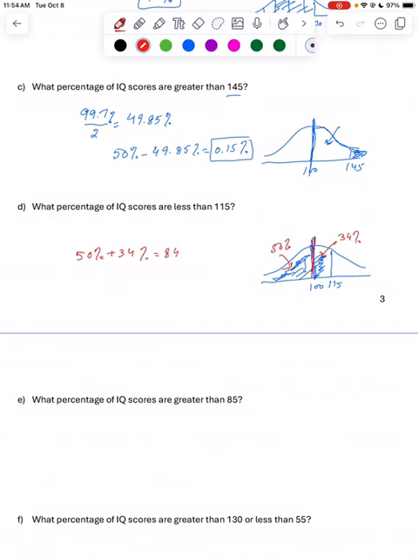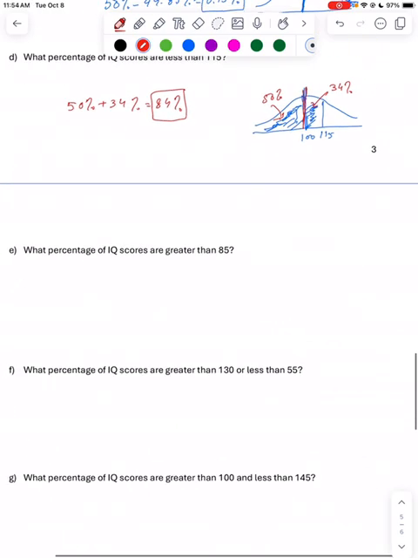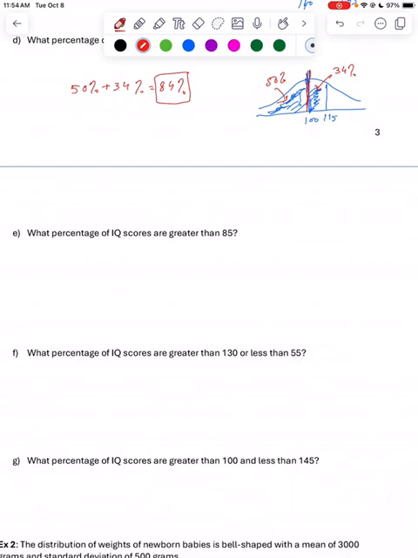Okay. Then, what percentage of IQ scores are greater than 85? So greater than 85, this is 100. 85 was 1 standard deviation below. It is the same thing as we were just talking about above. So this is 85.